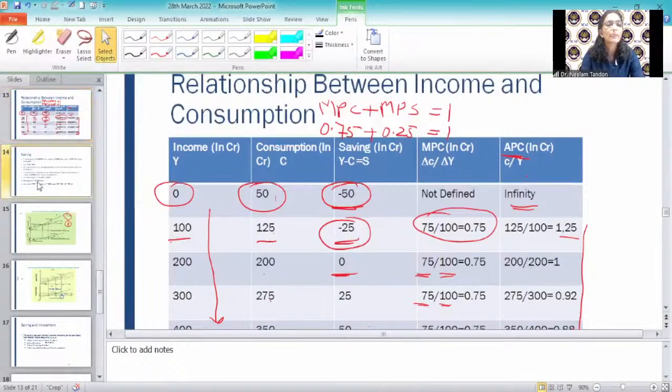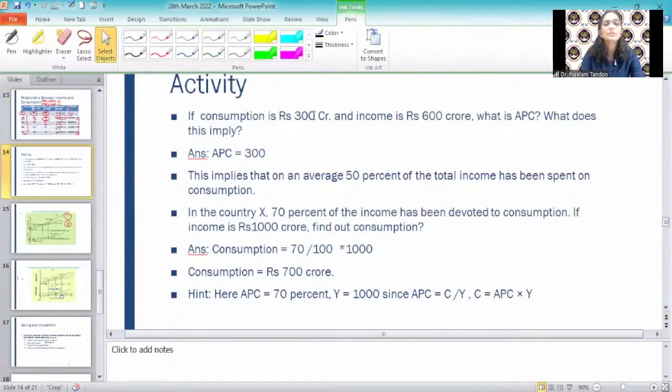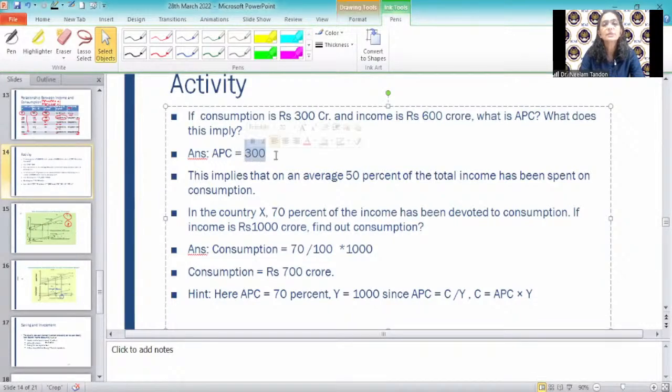Consumption is 300 and income is 600. So APC is 300 by 600, which is 1 by 2. Yes, you're right. The value is wrong here. APC is 1 by 2. Then the next concept.